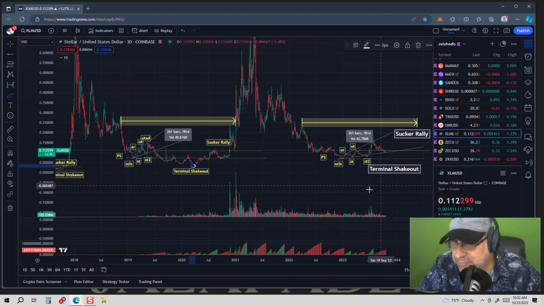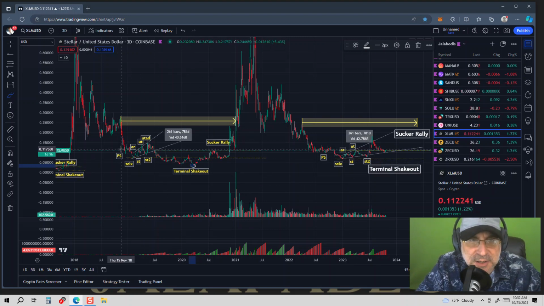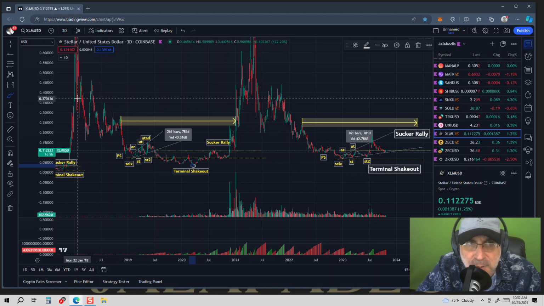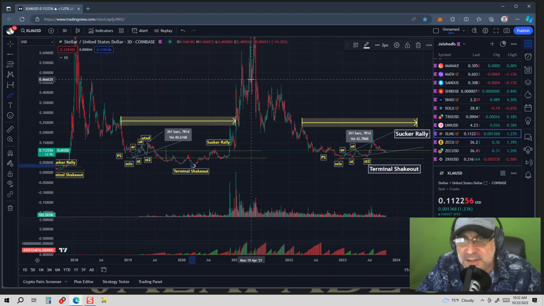So we saw this in the old accumulation zone that started in November of 18 and ended in January of 21, and so that encompassed the entire bottom between these two bull cycles. And then we had another bull cycle, the one that we just came out of, with the macro sell-offs starting in like April of 22.